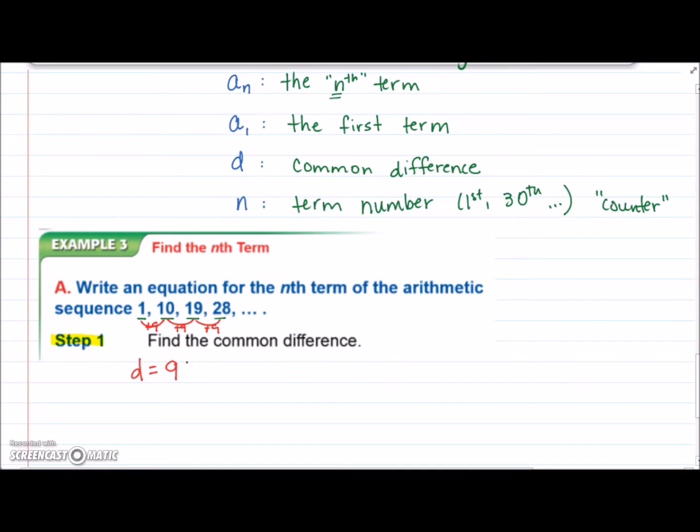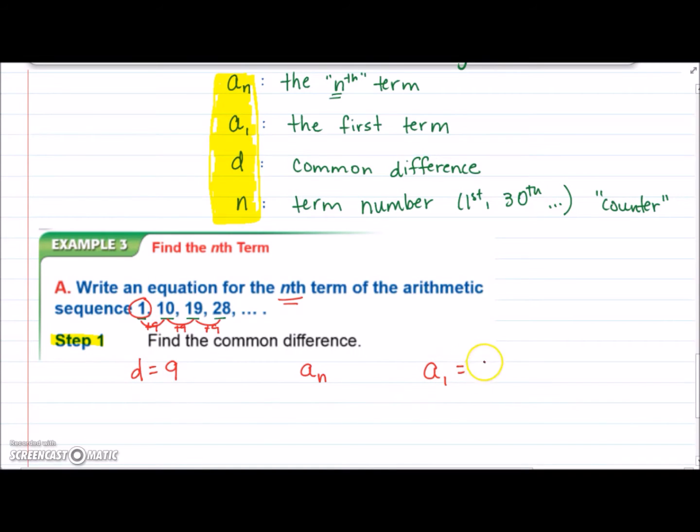Now, if we're going to write our formula, we need all of these pieces, right? Now, a sub n, we don't know yet. That's our formula, because we don't know the nth term. Do we know a sub 1, the first term?